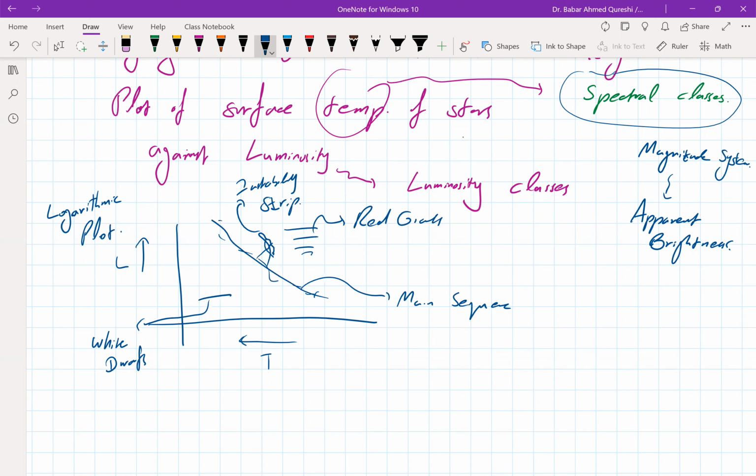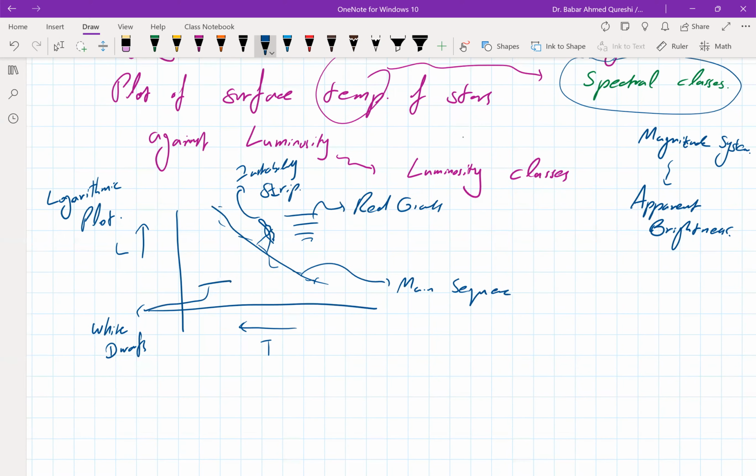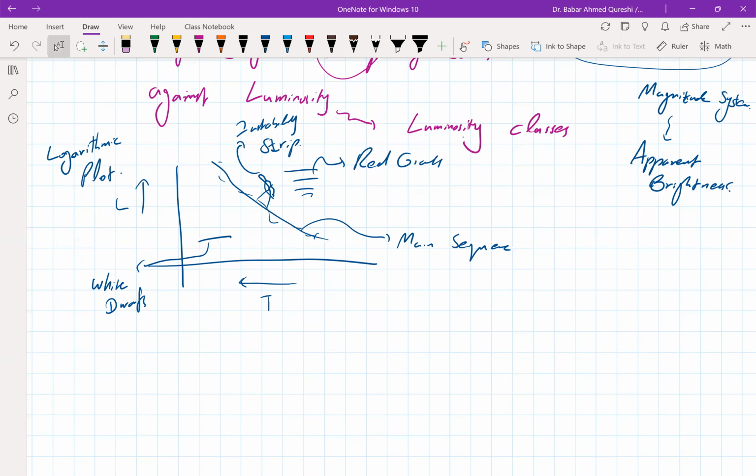Using these, we had some idea what kind of stars there are and what their general properties are, what the range of their properties is, what kind of temperatures and sizes they can have. Sizes were also hidden in the HR diagram.